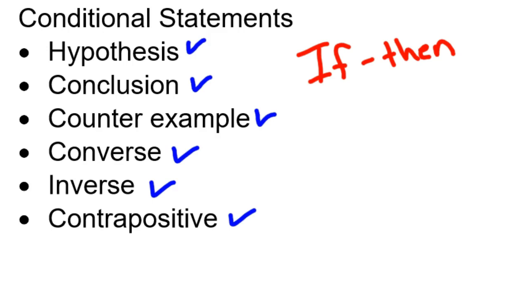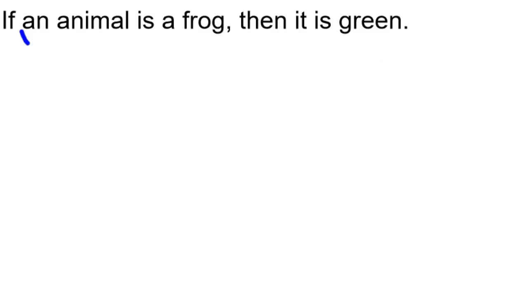So let's get started. The first thing here, let's talk about a conditional. Here's one that I like to use pretty much every year: if an animal is a frog, then it is green. So this is a conditional statement. It has an if and a then.